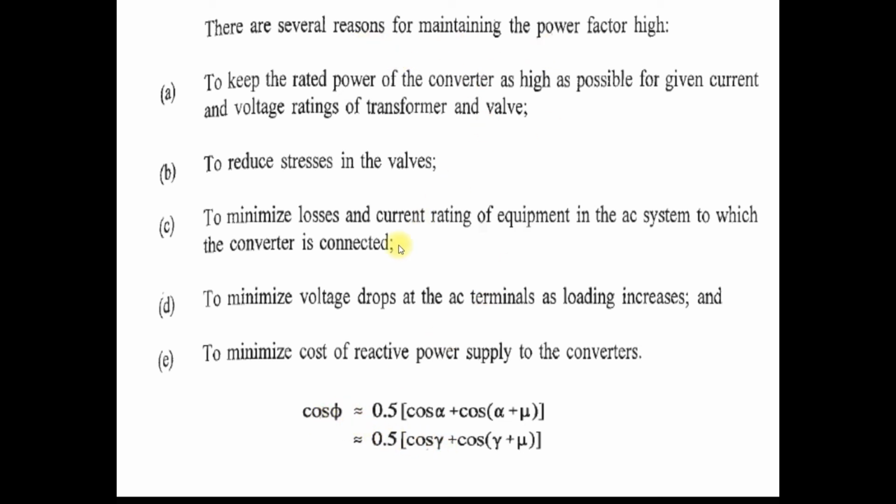Again, this type of problem is created. So here our strategy is to maintain the power factor as well as to avoid commutation failures. Clear? So you must provide some minimum value of gamma, to provide a high power factor as well as to ensure commutation failure does not happen.